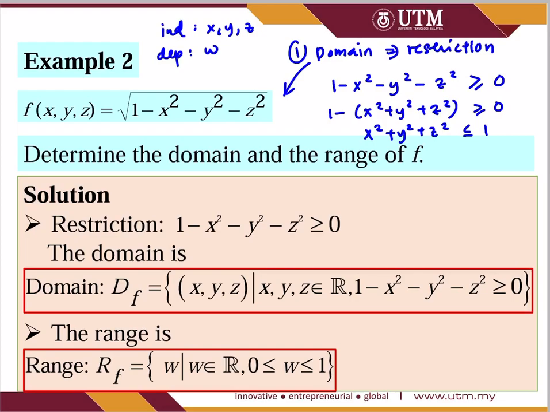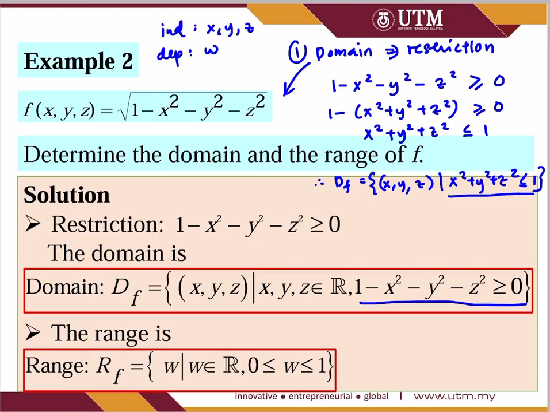So the domain, for the independent variables x, y, z, is such that x squared plus y squared plus z squared is less than or equal to 1. We can write it as this, or we can write it like this. I like to write it this way, but the other one also works, it doesn't matter.